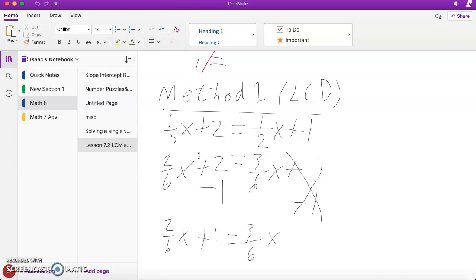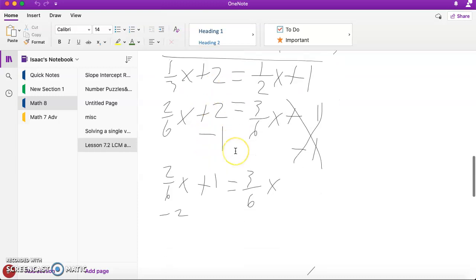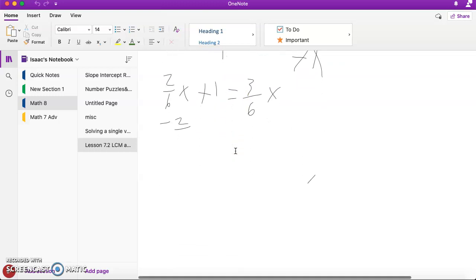Now I'm going to subtract 2/6 x from both sides to get the x's on one side and the regular numbers on the other. There we go. And this side cancels.